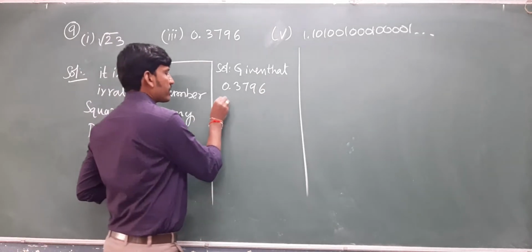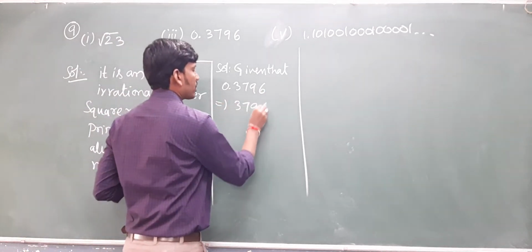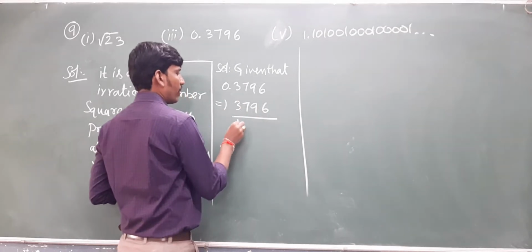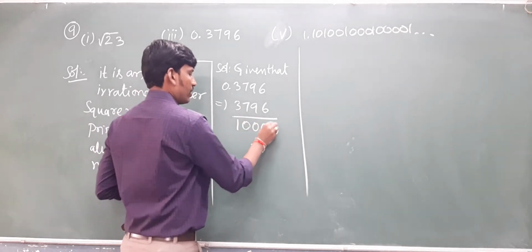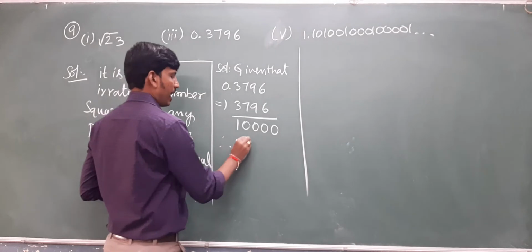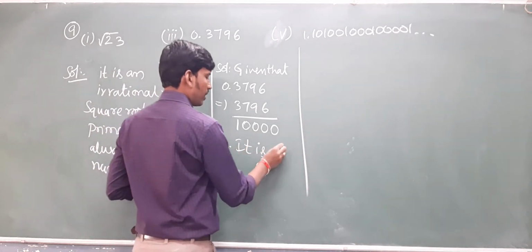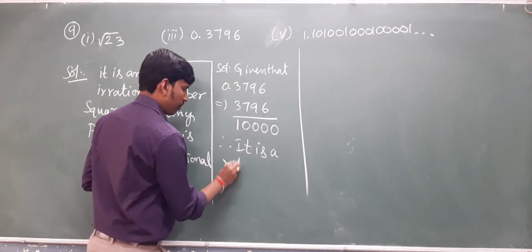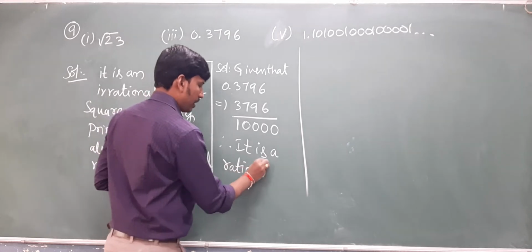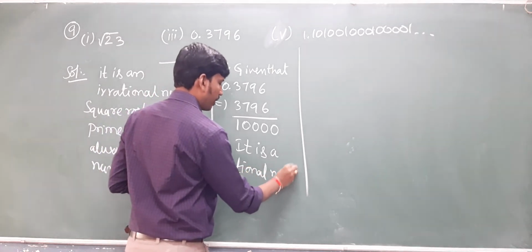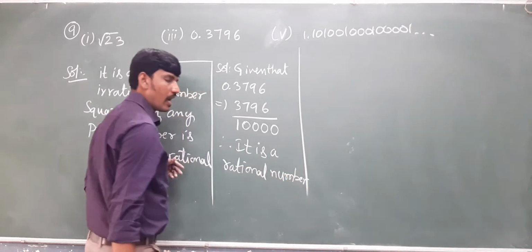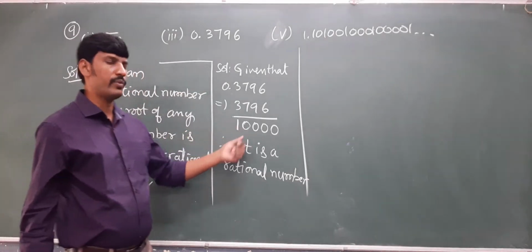So this can be written as 3796 divided by 1 followed by 4 zeros. So therefore it is a rational number, because it is in the form of p by q, where p and q are integers and q is not equal to 0.